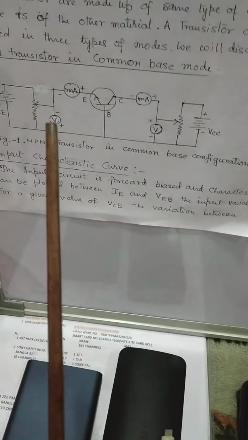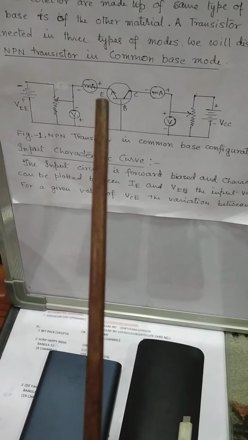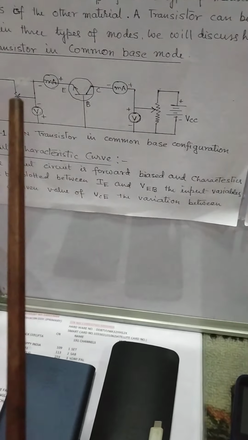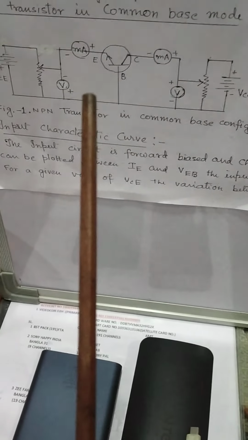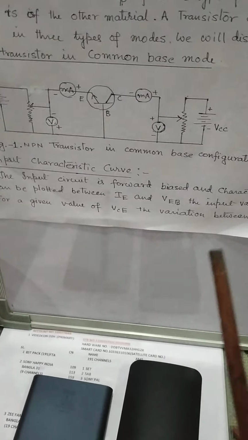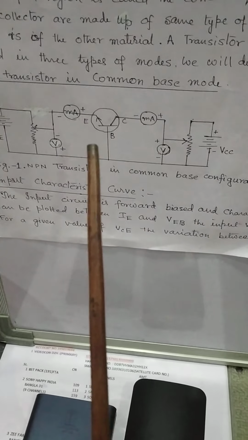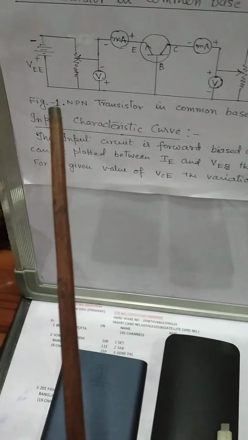So the input circuit is forward biased, and the output circuit is reverse biased. So this is the circuit diagram of an NPN transistor connected in common base mode.